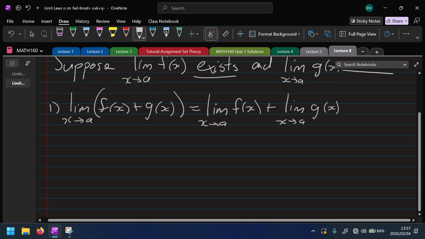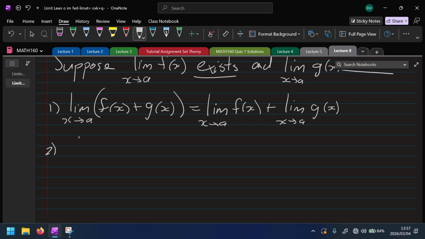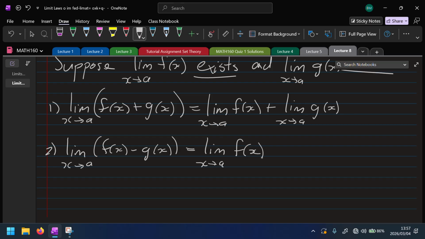Number two, similar thing, but instead of a sum, we have a difference. So we have the limit x goes to a, f of x minus g of x is equal to the limit x goes to a, f of x minus the limit x goes to a, g of x.